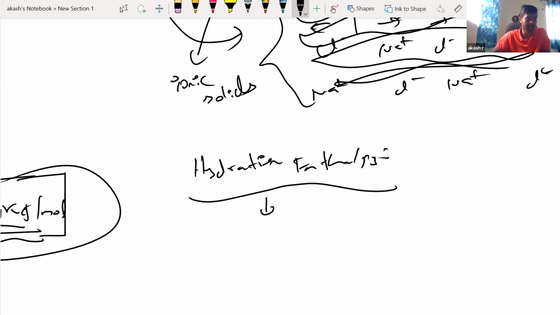Okay, I'll repeat this one more time for you. It is the enthalpy change occurring when an anhydrous substance gets hydrated.